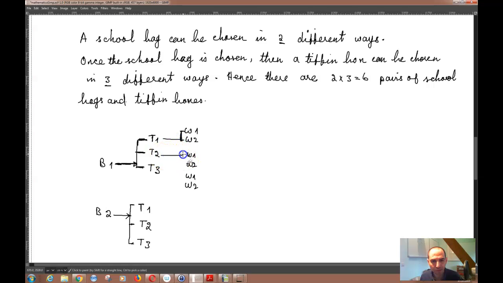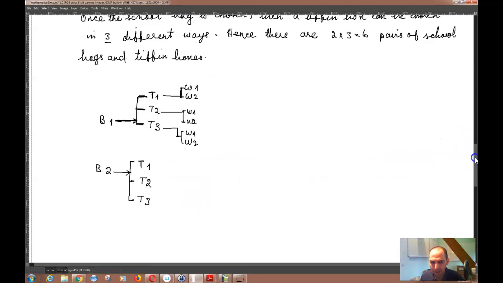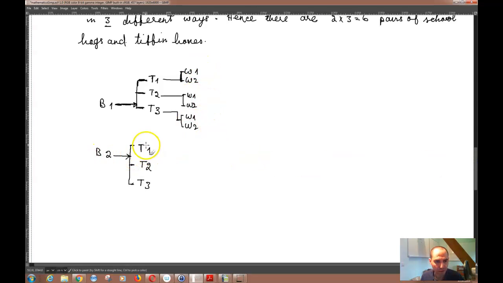You can connect these over here, and do the same thing over here. Each of these combinations in turn can be taken with 2 choices of water bottles, meaning you have W1 and W2 again and again, and that's what happens here.